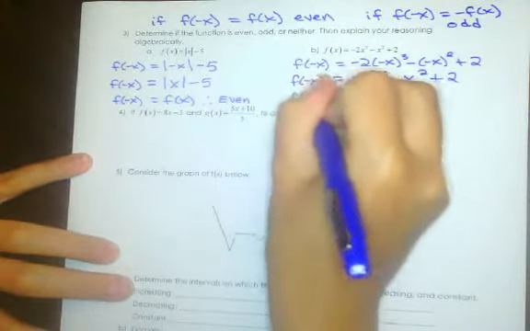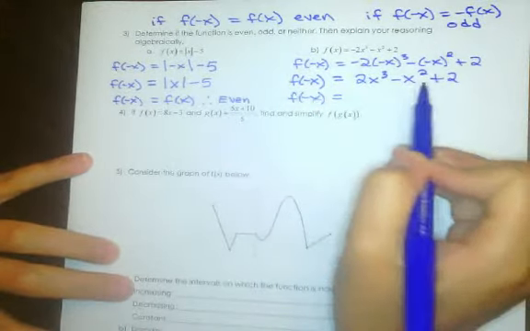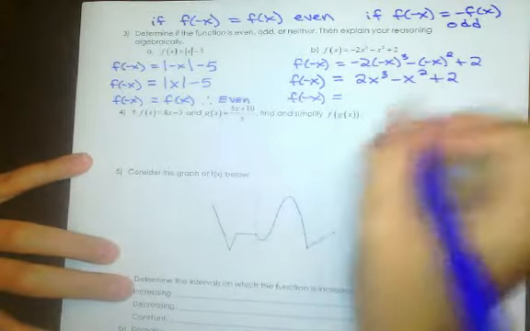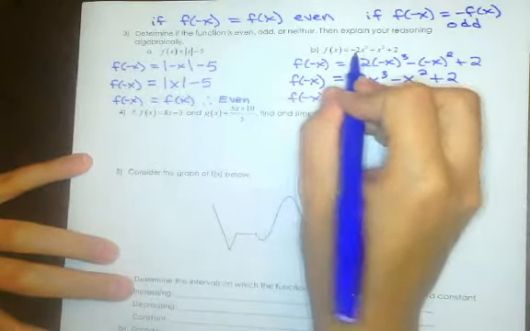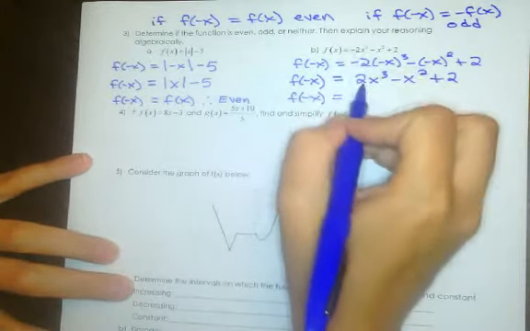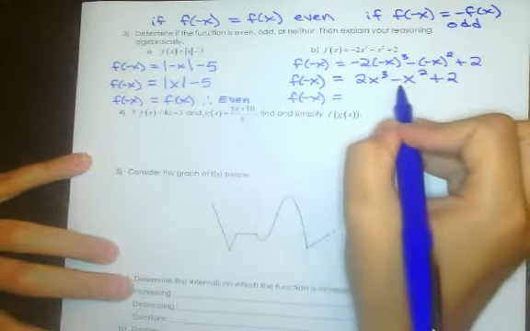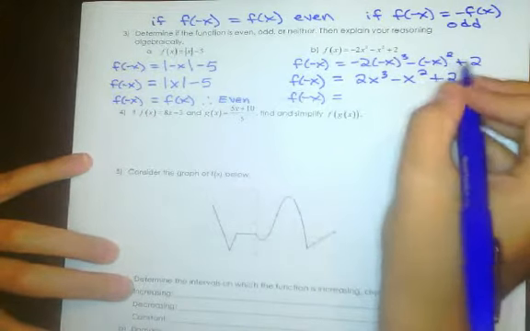Now this one's interesting because when you plugged in negative x, it's not the same. It's definitely not the same because this sign changed. So it's not even, but it's not the complete opposite either. Notice that the sign here changed, the sign there is the same, and the sign there is the same. So this is not even or odd, okay?